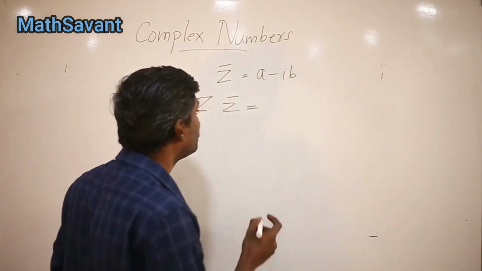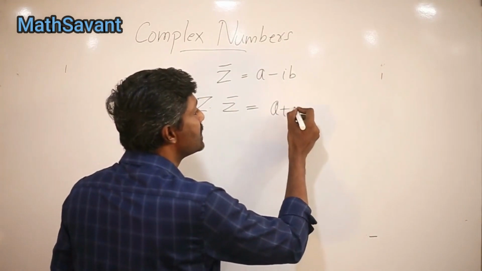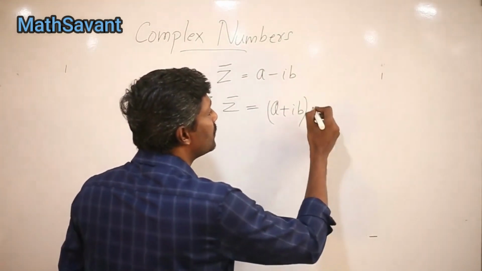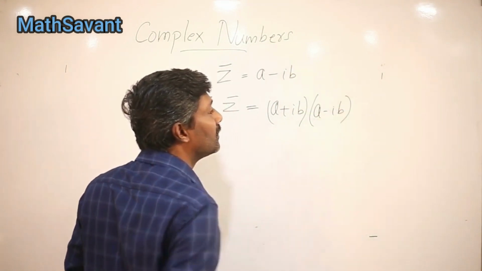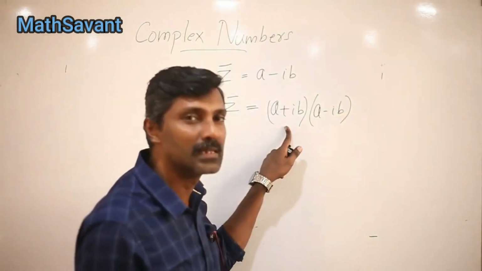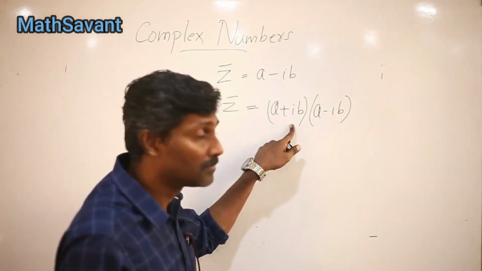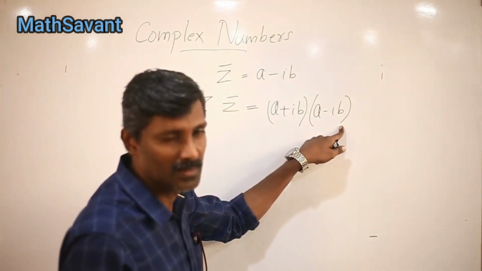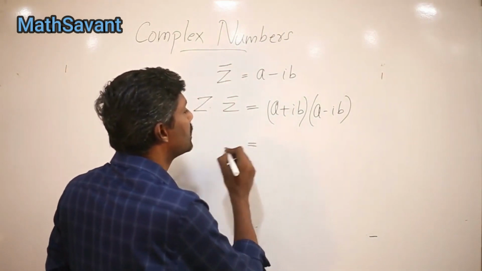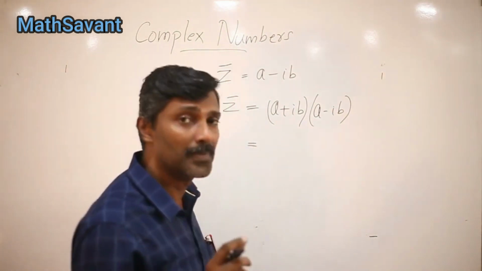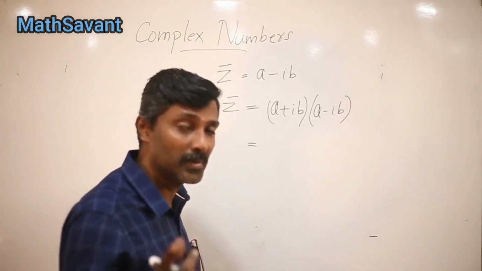What do we get? Let's substitute z is a plus ib and z bar, the conjugate, is a minus ib. Now have a look at this. What do you see? This is a plus ib, this is a minus ib, just like a plus b into a minus b, right? So we have the same result here. a plus b into a minus b is a square minus b square.